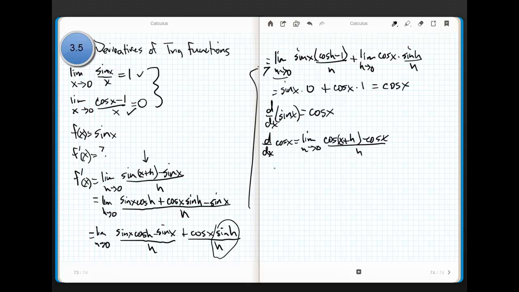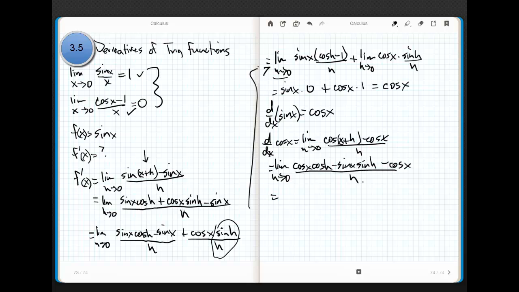This equals the limit as h goes to 0 of, well, remember this guy? This ends up being cosine x cosine h minus sine x sine h minus cosine of x all over h.